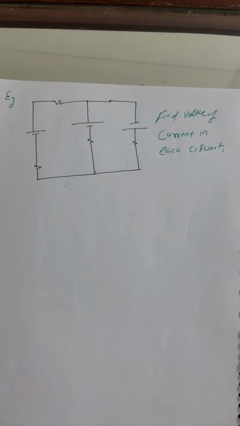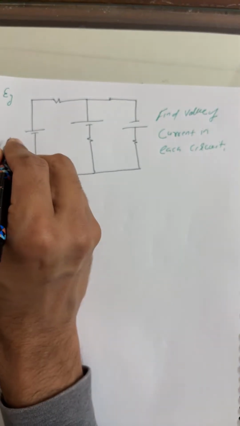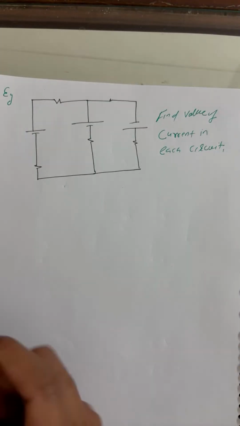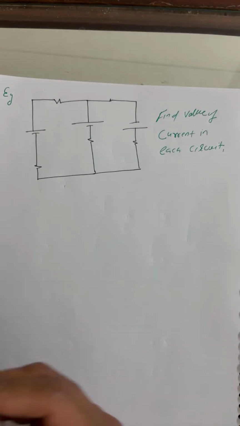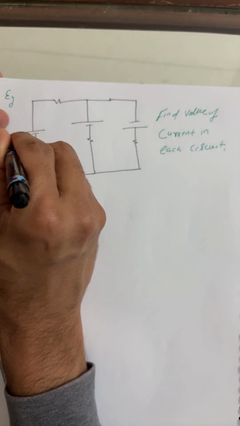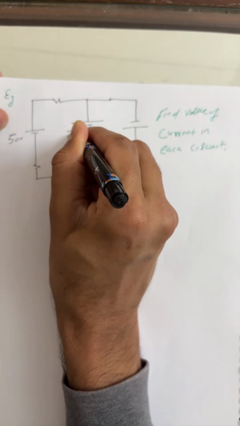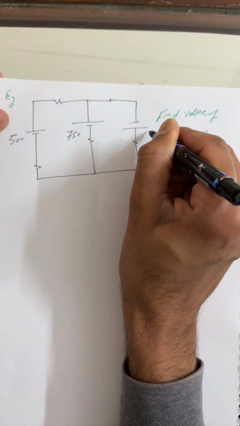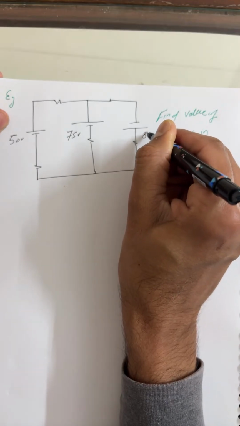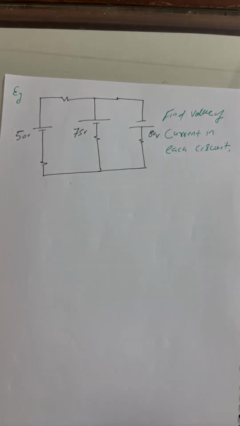So bachcha ji, be careful here. How can we think? Let us suppose first I have to take the data. Take this as 50 volt, 75 volt, and this is 80 volt, right?